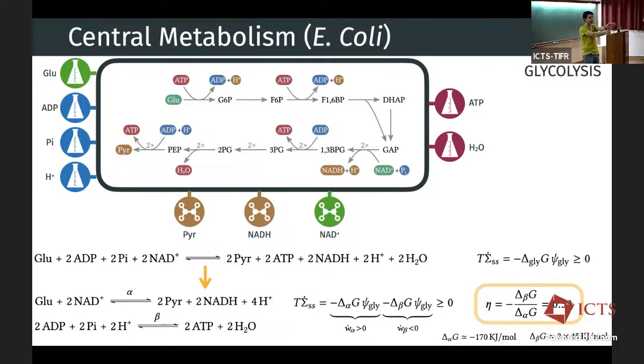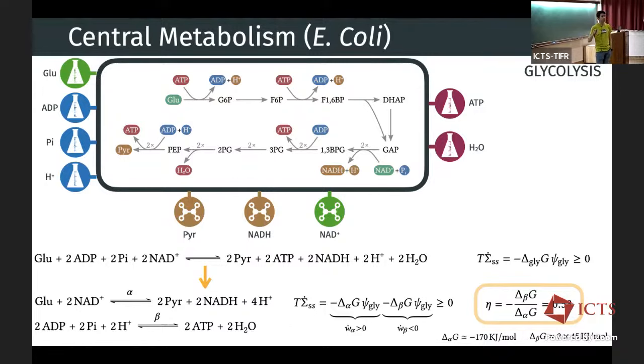So when we compare them, the current and the current cancel out. And we end up being able to compute the efficiency of glycolysis by only taking care of the physiological concentrations of the terminal species. So we don't need any information about the dynamics to look at the efficiency of glycolysis in E. coli.